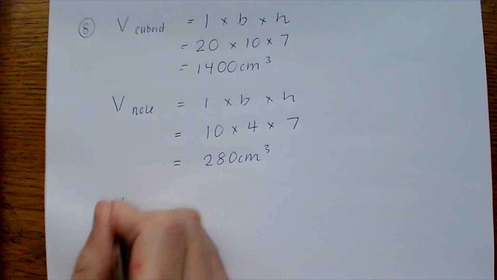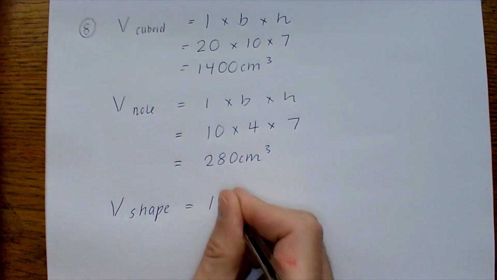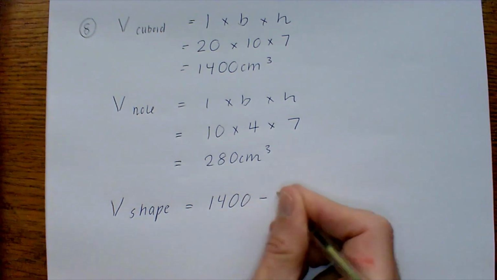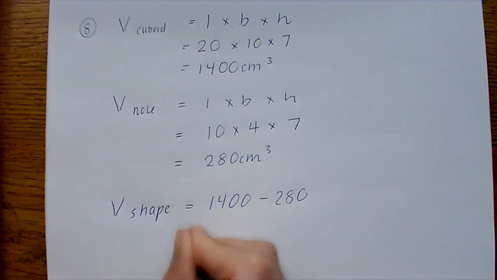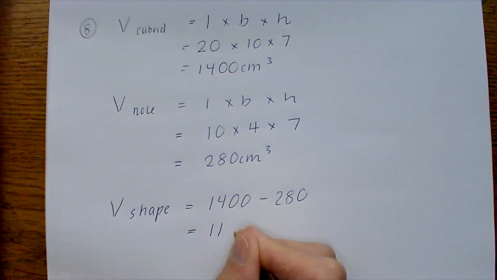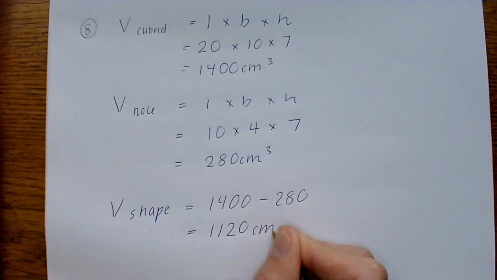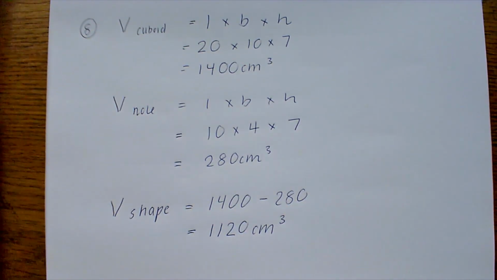So the volume of that particular shape, simply a take away sum to finish, 1,400 take away 280 is going to be 1,120 centimetres cubed.